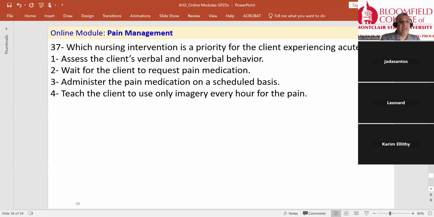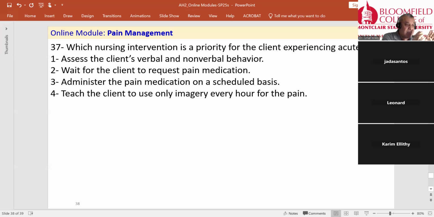So number 3, administer pain medication on a scheduled basis. There are times when pain medications are given on a routine basis, but it's not the best answer, because assessment takes priority at this point. And number 4 is to teach the client to use only a measure every hour for the pain.